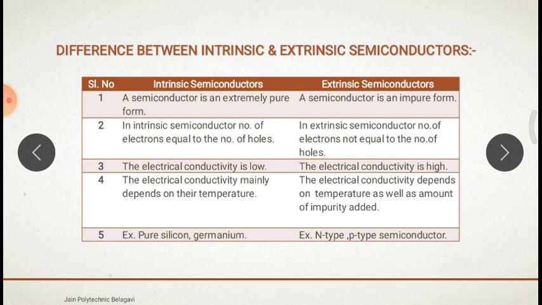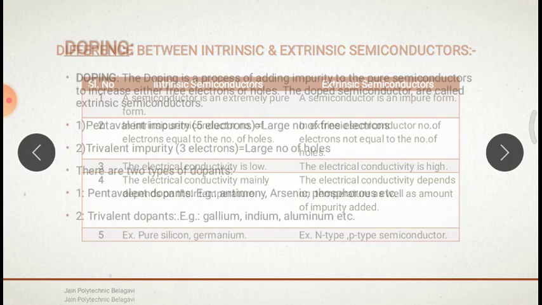In the case of extrinsic, it is not equal. The electrical conductivity is almost nil in the intrinsic, but in the extrinsic it is high. In the intrinsic, the electrical conductivity depends mainly on temperature. In the extrinsic, it depends on the temperature as well as on how much impurity is added. Examples: pure silicon and germanium for intrinsic; N-type and P-type semiconductors for extrinsic.